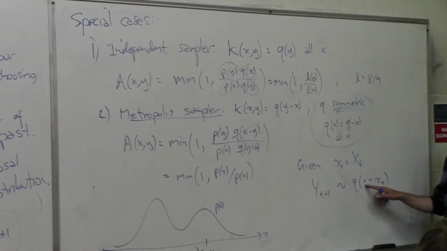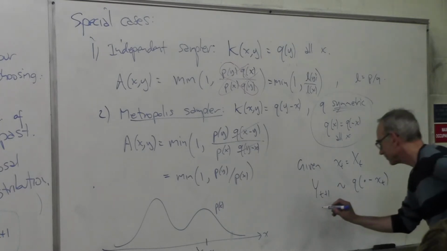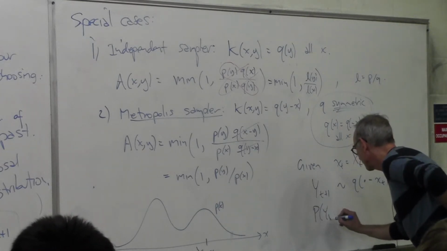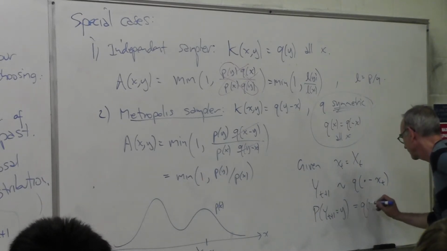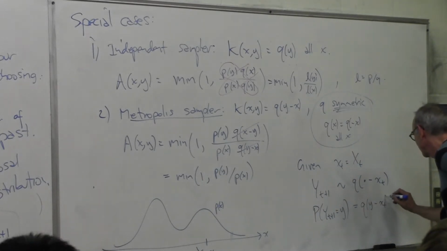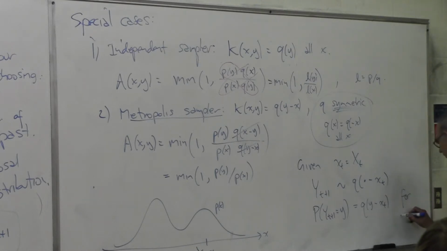I've got a density or probably a mass function where the variable is right there. If I put a y there, it'll be confusing, right? Okay, so for discrete state space, the probability yt plus 1 equals y would just be q of y minus x. How would you write that down?